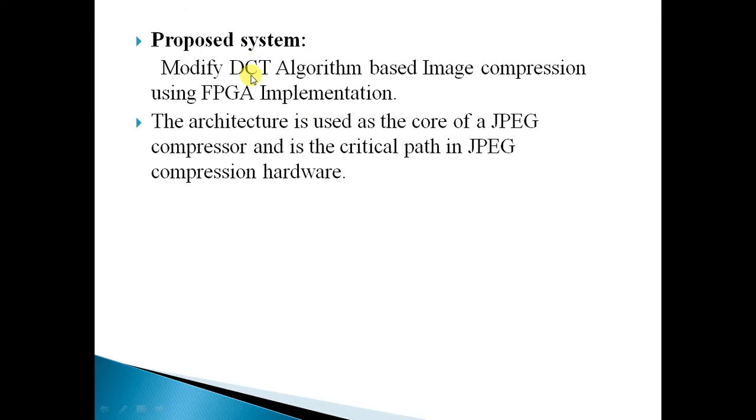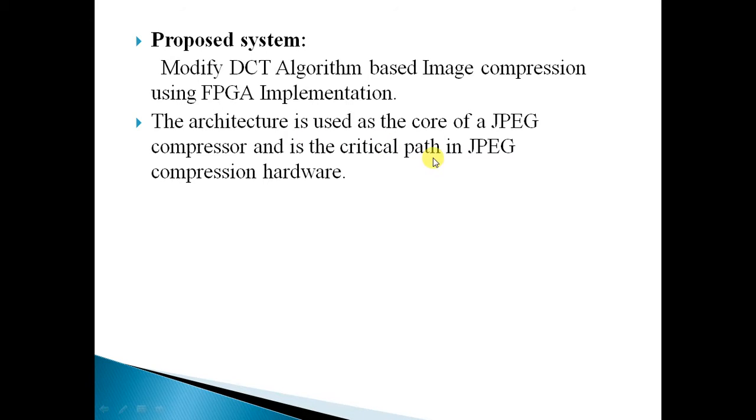By using this DCT, the image will be compressed as a 4x4 method. The complete image will be split into 4x4 blocks, and it will be compressed in an FPGA implementation.